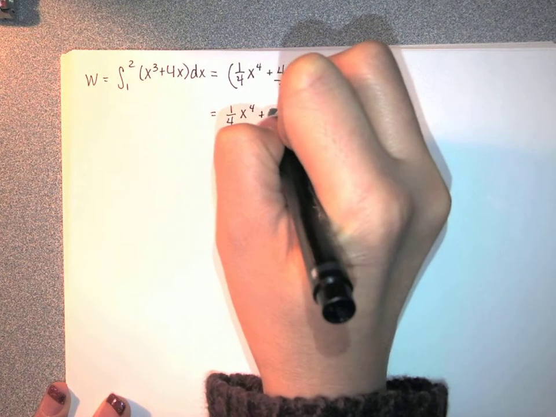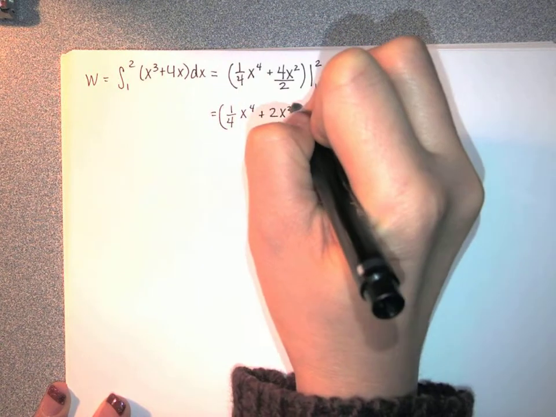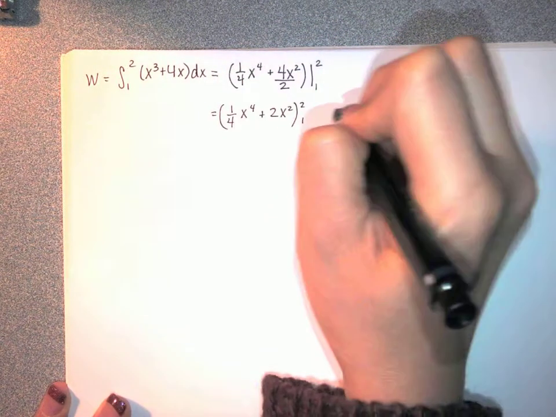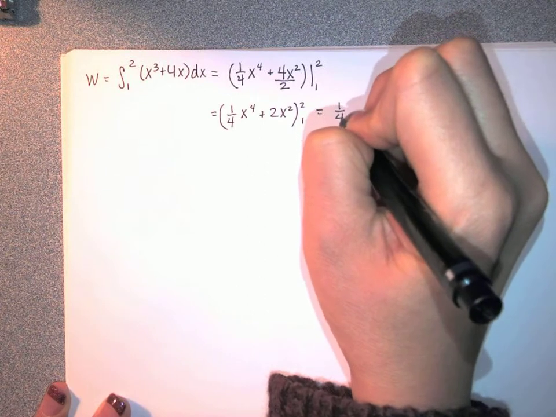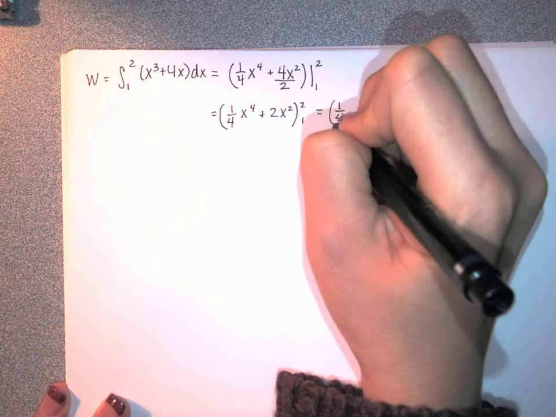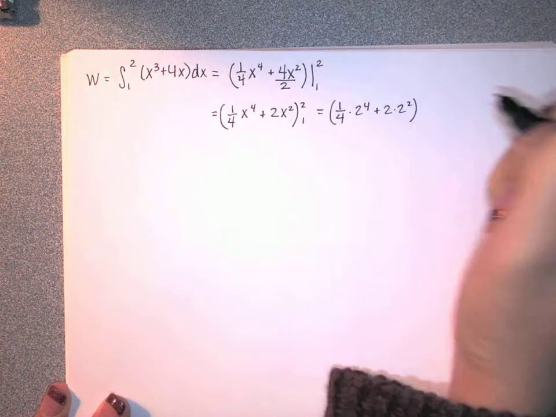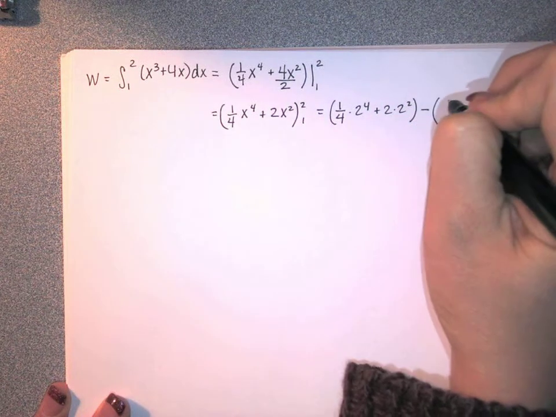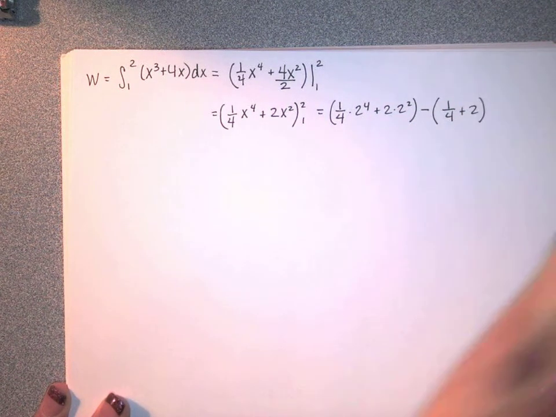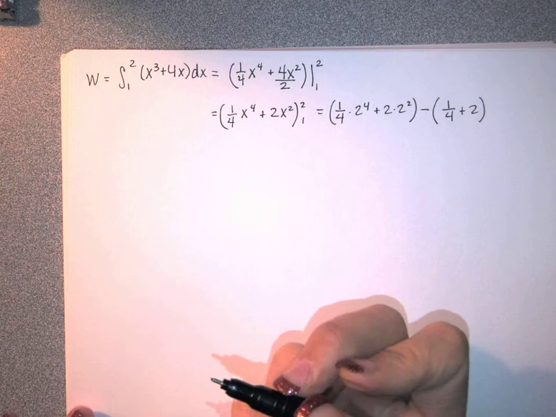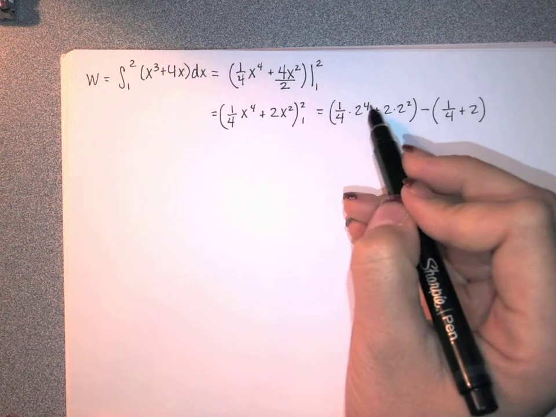4 divided by 2 simplifies to 2. So when I substitute in 2, I get 1/4 of 2 to the 4th plus 2 times 2 squared. Then I substitute in 1, I get 1/4 plus 2. And that's our answer. That's the amount of work done. That's 16 divided by 4.